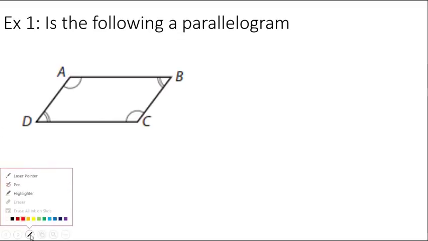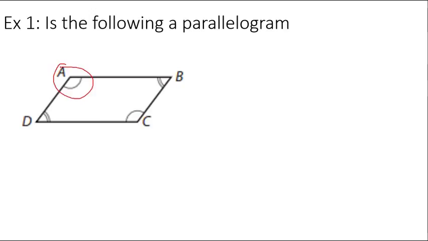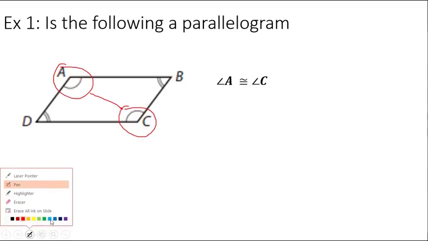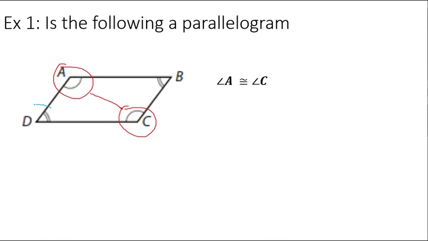So what we're looking for here is, based on the information they give us, we see angle A is opposite angle C. Since those have one angle mark, that means angle A is congruent to angle C. Then we also look at the other opposite angles, angle D and angle B. Those are also congruent based on the angle marks.